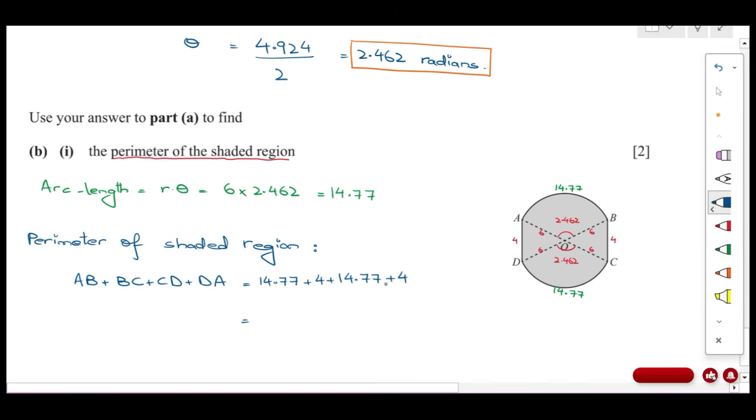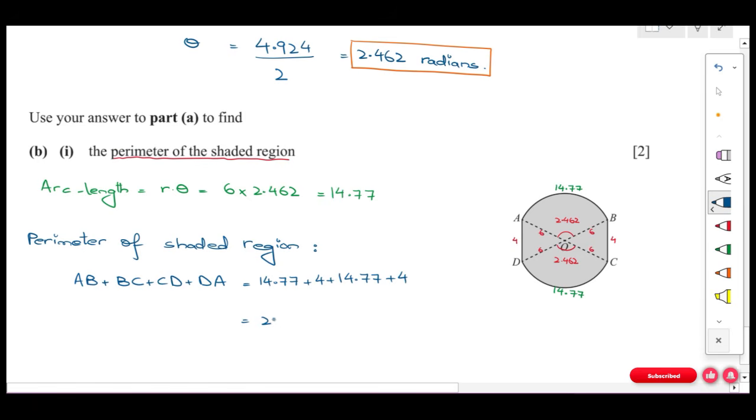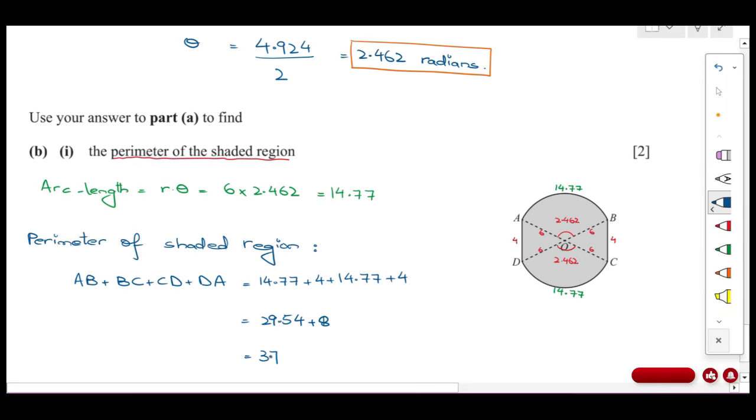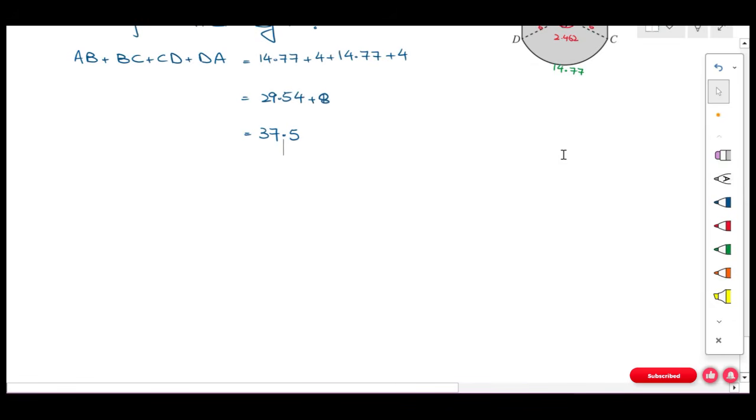There are 2 times 14.77, so this is times by 2, which is 29.54, and then add 4 plus 4, which is 8. Now you add 8 to this, and your perimeter is 37.54 or 37.5. This is in centimeters. So 37.5 centimeters would be the perimeter of the shaded region.